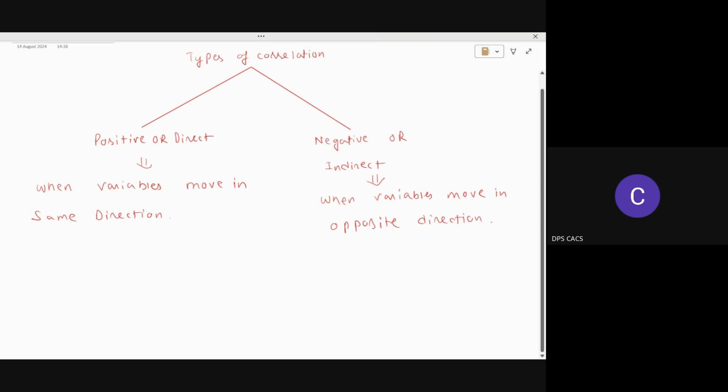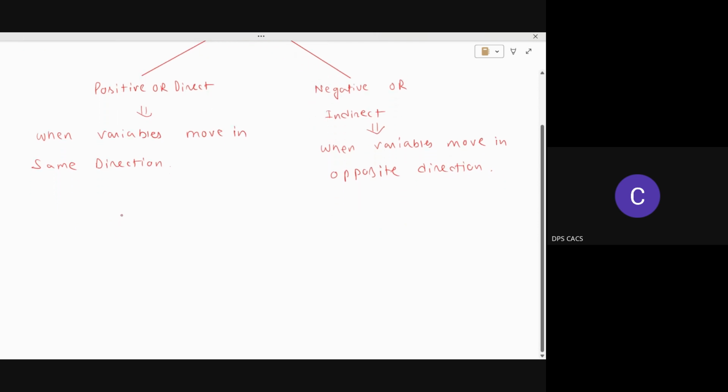If there is one x column and a y column, and there are only two values in each of them, x 10 and 20, y 30 and 40, are both variables increasing, yes or no? If both variables are increasing, they are moving in the same direction.